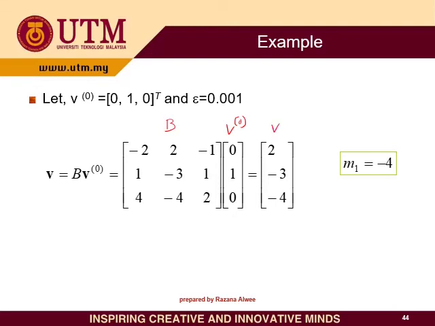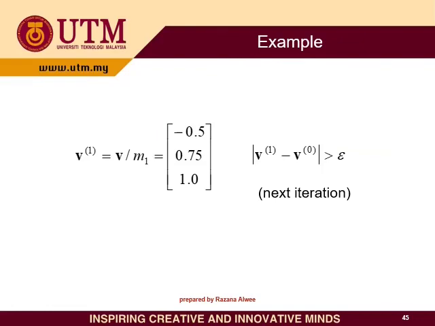Based on these 3, same thing, we look at the magnitude. The biggest magnitude here is 4, regardless of the sign. So you take this 4 as your M1, but you take it wholly, including the negative, as I mentioned in the previous example. You have your M1 that we calculated before, which is -4, and your V is your previous vector you have found. When you divide it, you will get this answer.